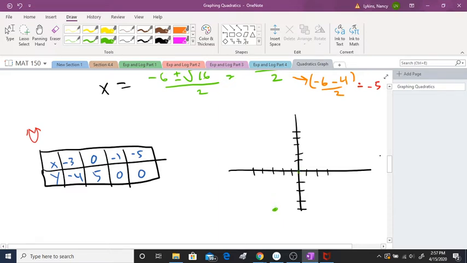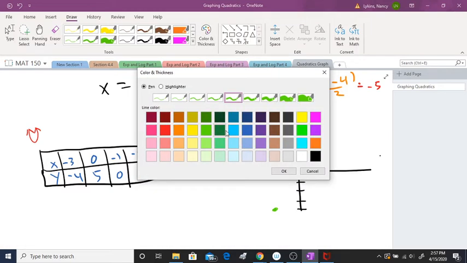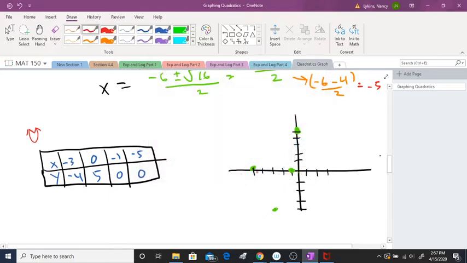Then 0, up 5, negative 1, and negative 5. And notice it's the upward U, and this right here, negative 3, negative 4, is my vertex.